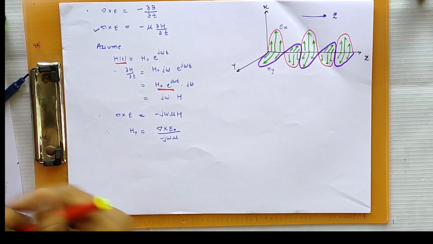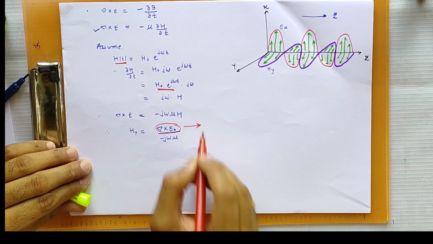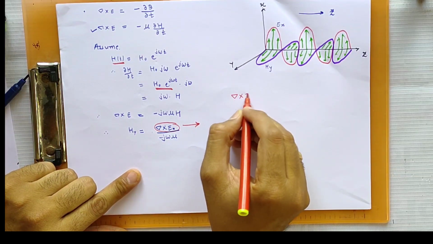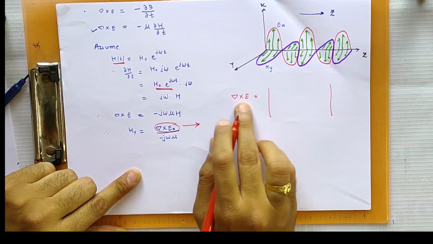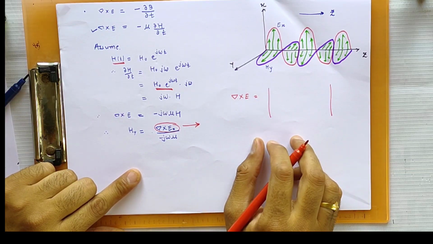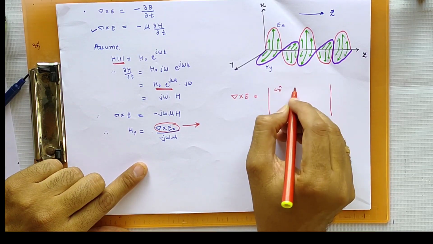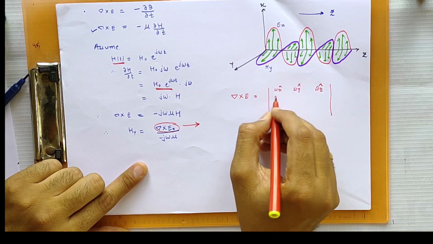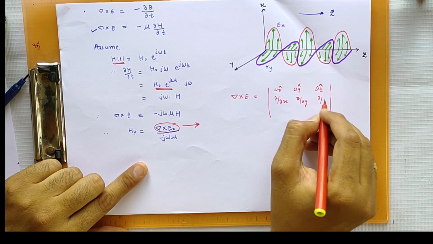Now we have to solve this one. What is del cross Ex? We can solve any cross product using the matrix determinant method. So it is Ax, and we consider the Cartesian coordinate system xyz, del by del x, del by del y, del by del z.